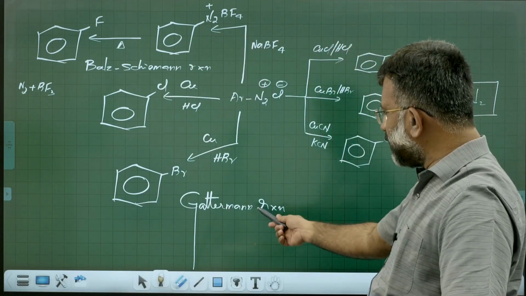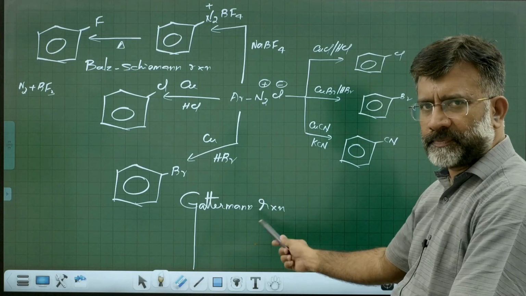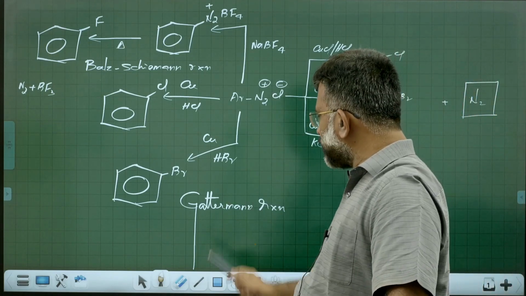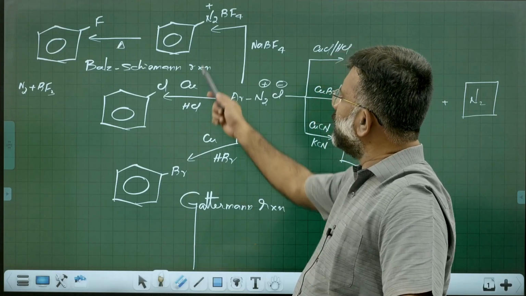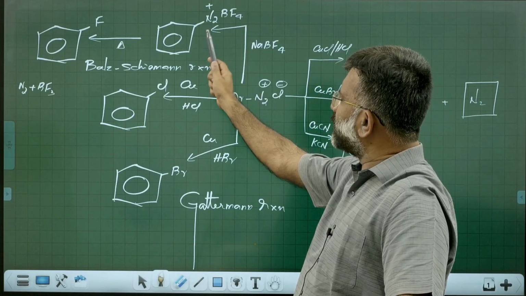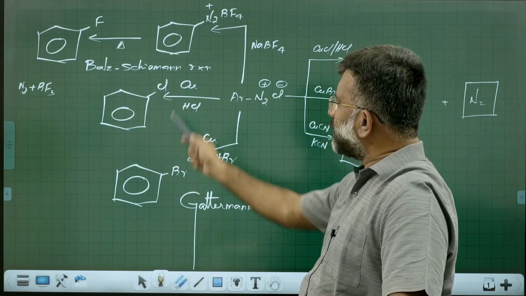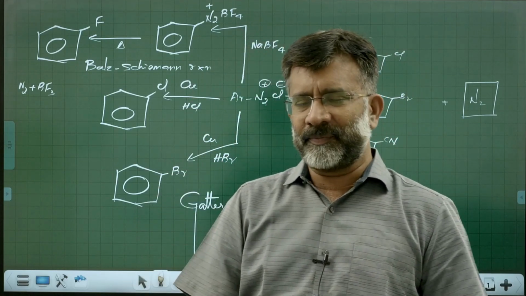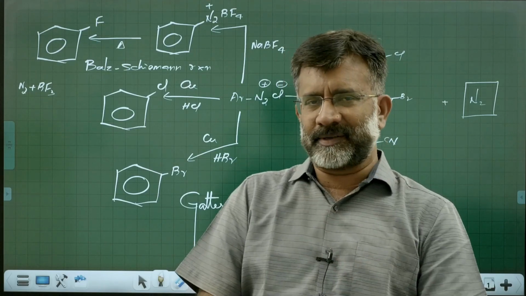The Gattermann reaction is anyway in our syllabus. Sandmeyer's reaction is in our syllabus. This is also in our syllabus; in fact, I think this is also in our textbook, but the named reaction's name is not given. It is in the syllabus, not in the current chapter.